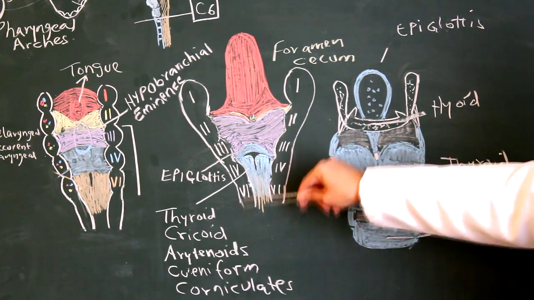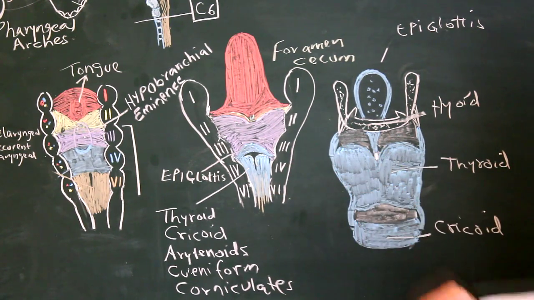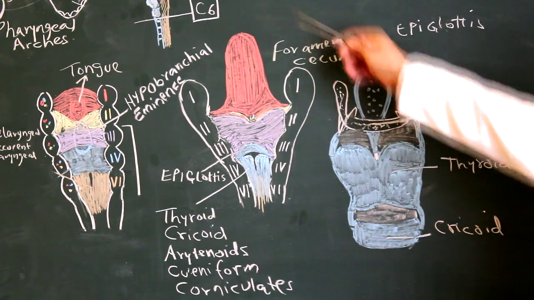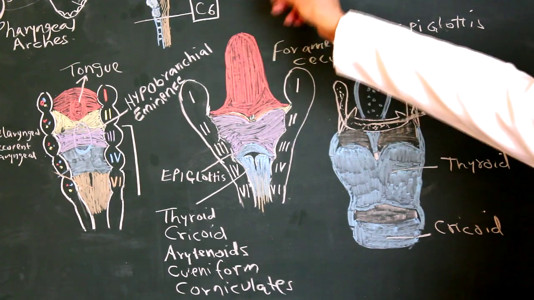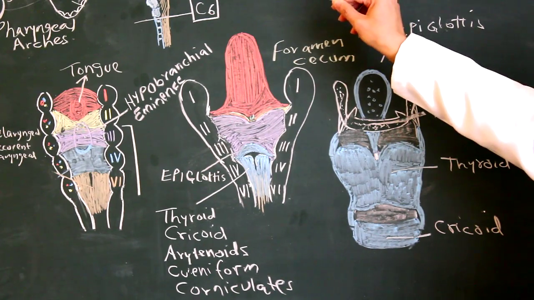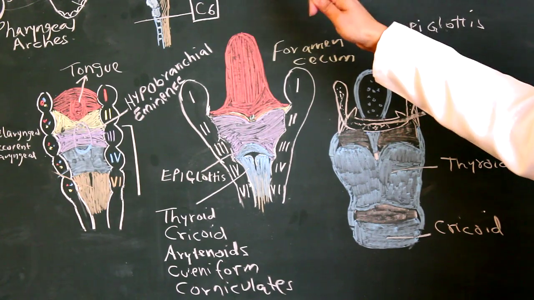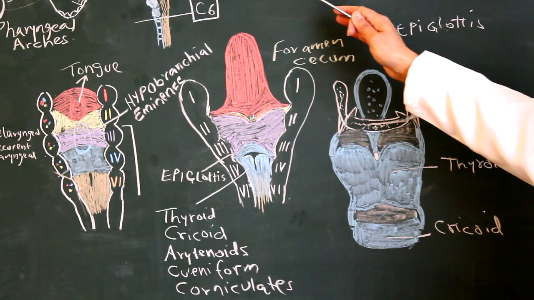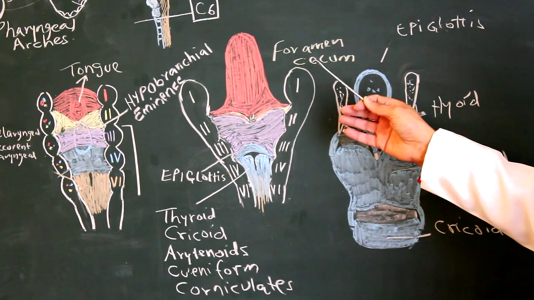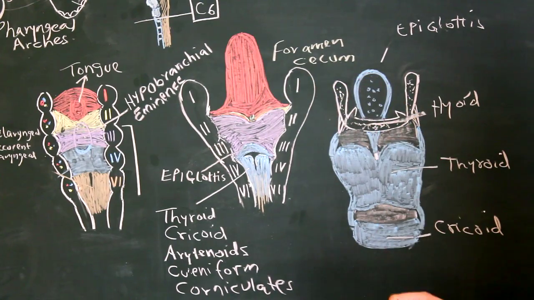Other than these cartilage components of the larynx, the 4th arch will also give rise to the pharyngeal constrictors, which make the posterior wall of the pharynx, the levator palati muscle, which is the muscle of the soft palate, and the mucosa of the larynx above the vocal cords.